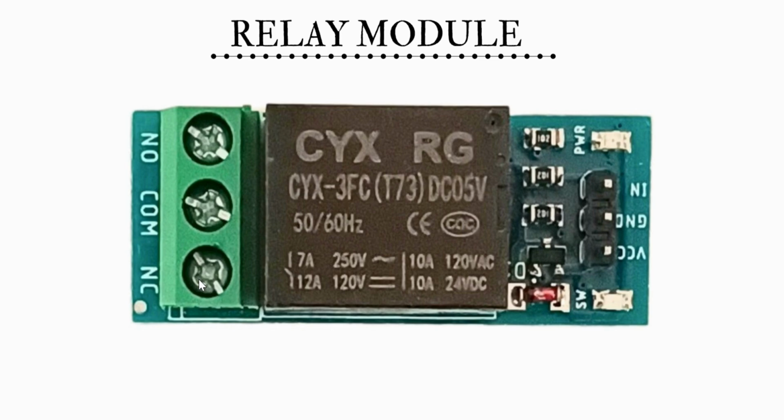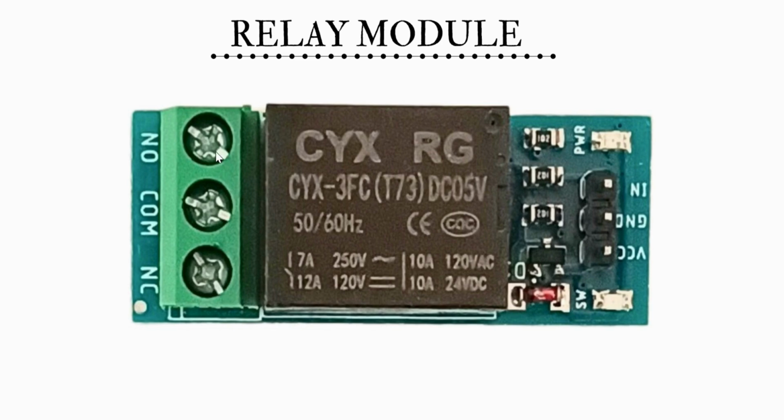Now in the same way, NC means normally closed. As I told you just now, if something is normally closed, that means the circuit is in on state, that is on condition. So when the electricity is passed through the relay module and the relay module gets on, this switch here, the NC, will turn off.